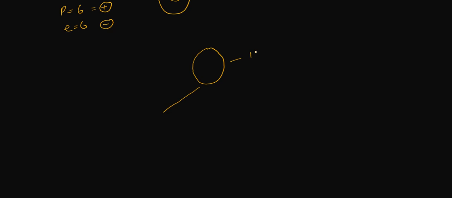When the atom loses an electron, a positive charge appears on the atom, and this positively charged particle is called a cation in chemistry.